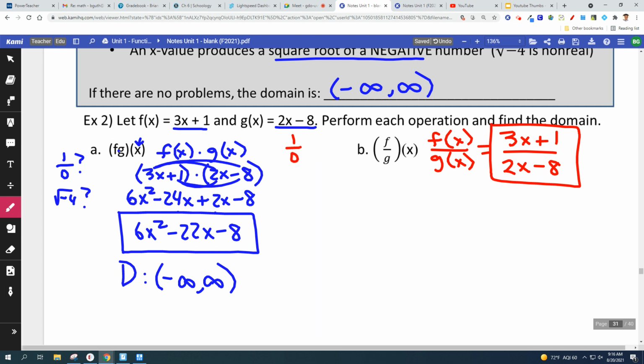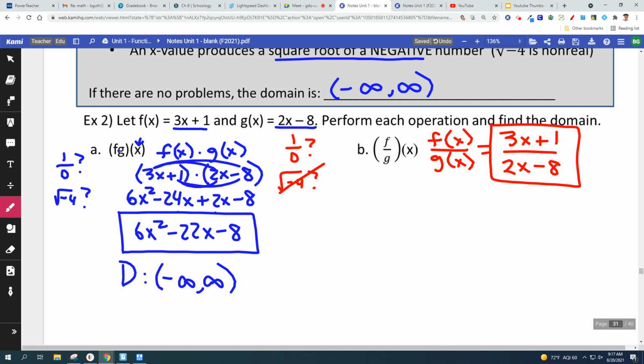So is there any place where you could get a 0 on the bottom of a fraction? Well, maybe. All right, we have an x on the bottom of a fraction, so that could be a problem. I don't see any place where I could get a square root of a negative number, so I don't really have to worry about that one, but I do have to worry about 0 on the bottom of a fraction. That could be a problem.